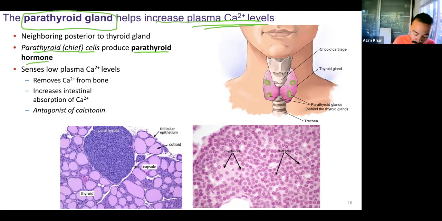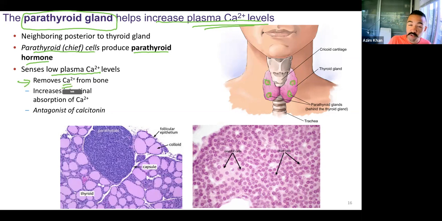They sense when levels of calcium in their blood are low. And what they do is, in any way they can, they increase levels of calcium ion in your blood. Calcium ion is essential. You need it for your normal functioning of neurons and muscle cells and many other cells. So when calcium levels are low in your blood, you will remove it from your bone.